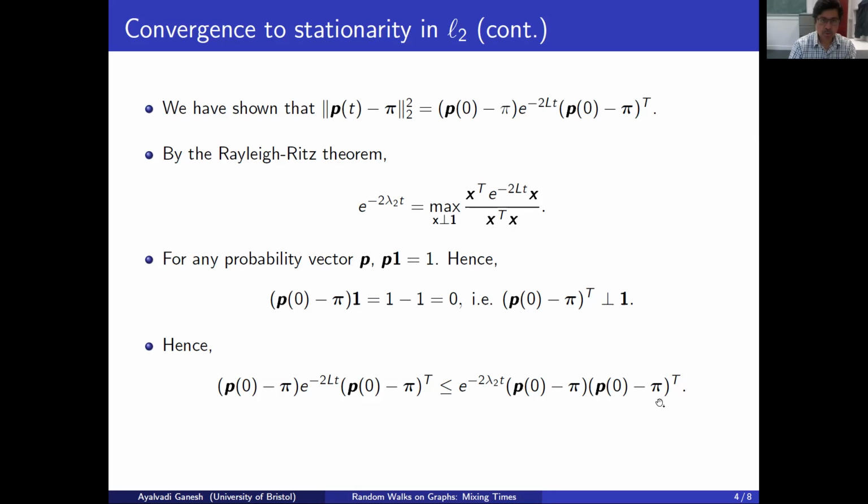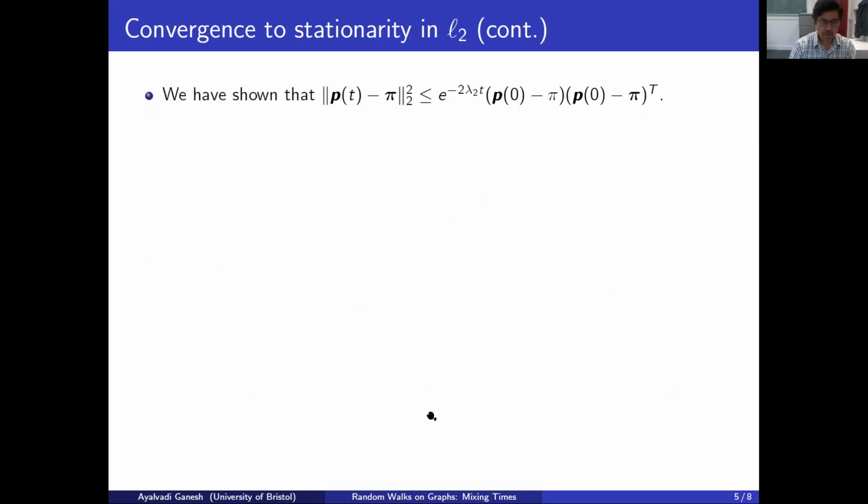Okay, so what we have shown is that the squared Euclidean distance between pt and pi is bounded above by e to the minus 2 lambda 2 t times the inner product of P naught minus pi with itself. Okay, so can we bound this next?